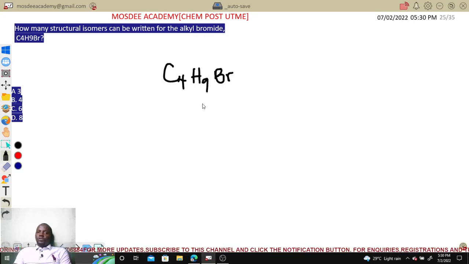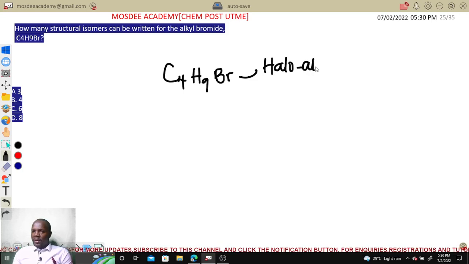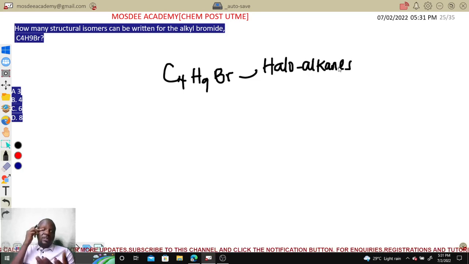So the best way to get structural isomers of bromo compounds, or what we say haloalkanes, is a simple method of drawing them out. Halo means halogen. We have 1-bromo butane, 4 being butane.